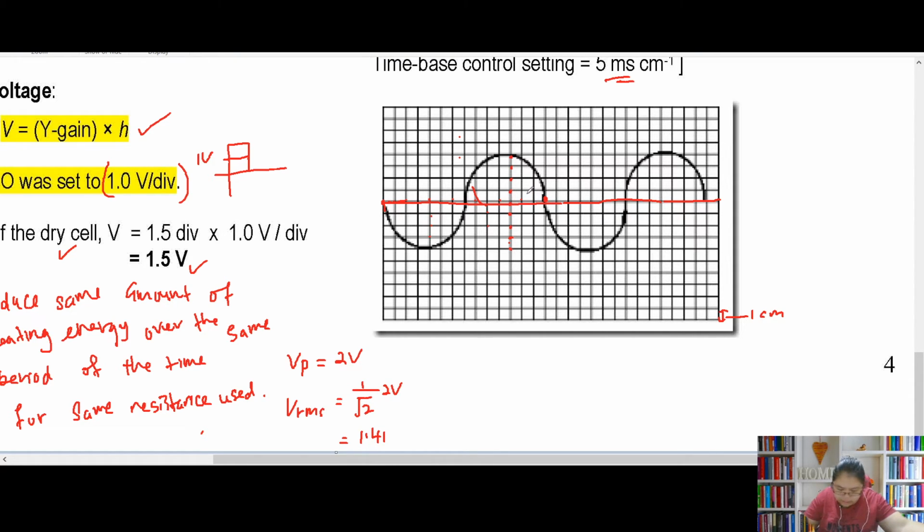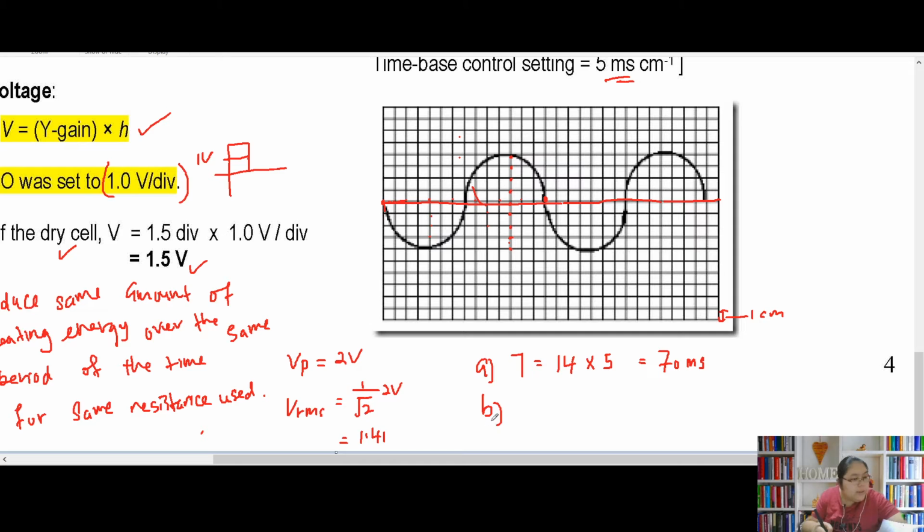There are 14 boxes for one complete oscillation. So the period equals 14 boxes multiplied by 5 millisecond, which gives 70 millisecond.